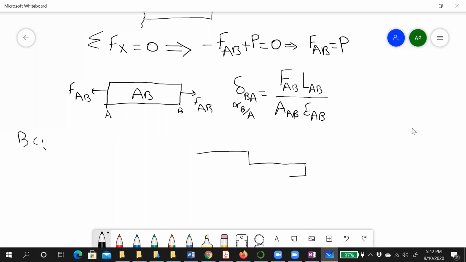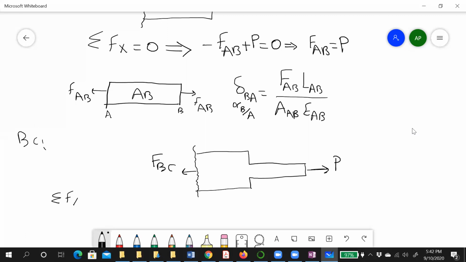Let's make a section somewhere in this section. We have force P. This would be the FBC.